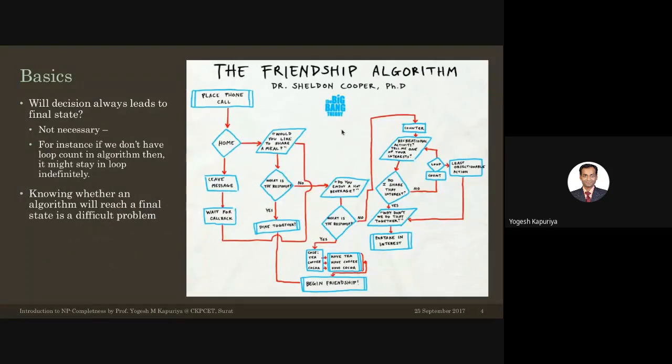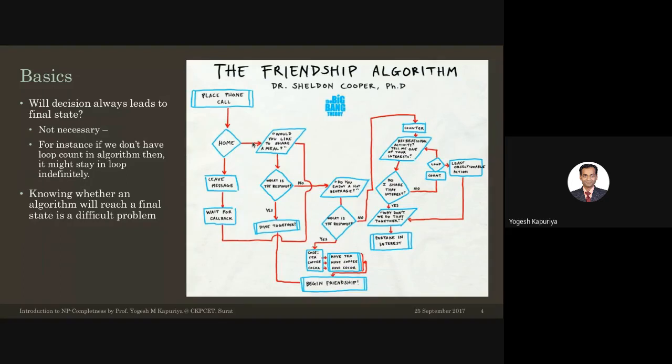It's a very simple algorithm, and this is a flowchart of that algorithm, which starts with some initial state. It says that you place a phone call, that means a conversation takes place between two persons. Then: are you at home?